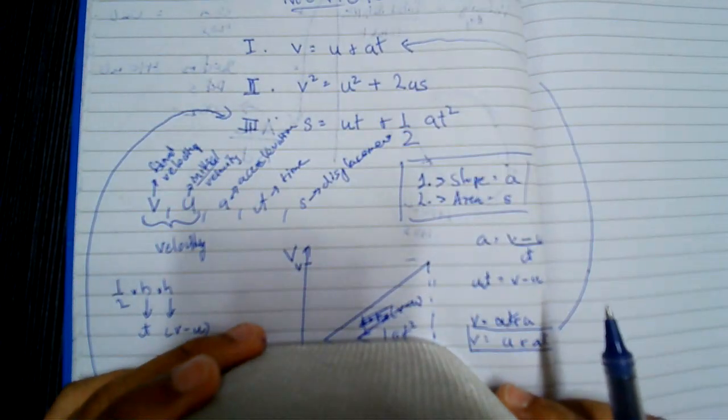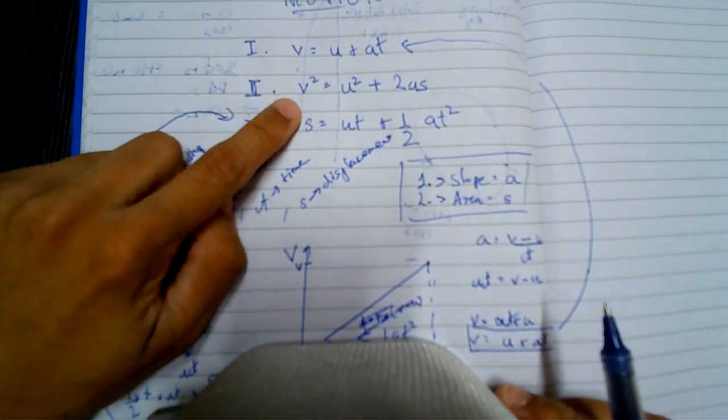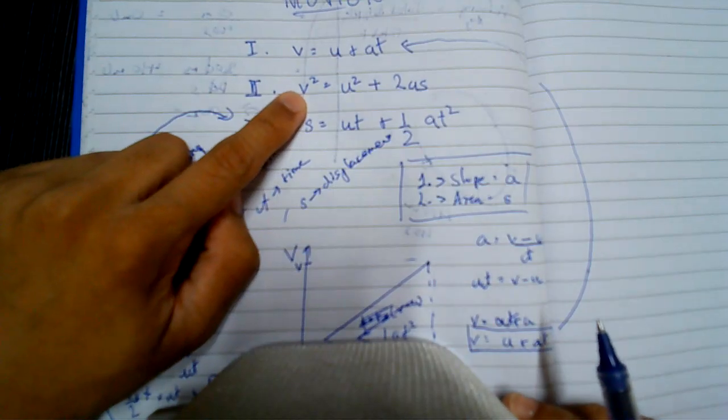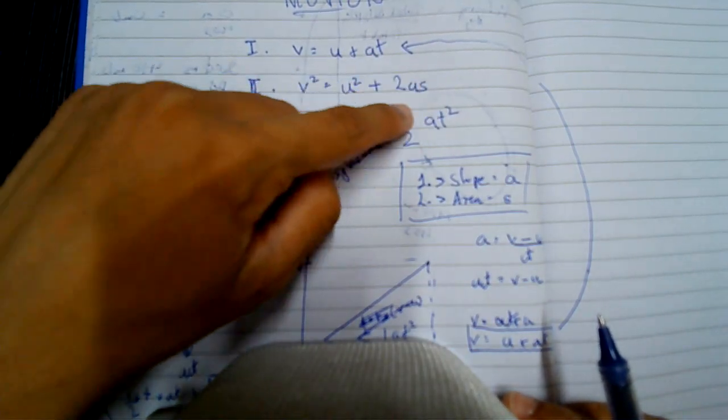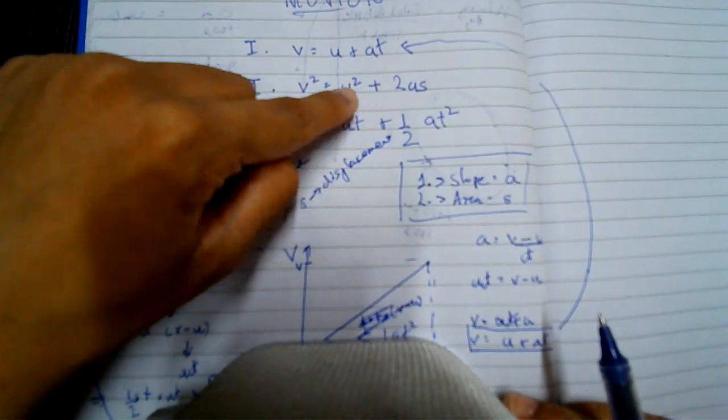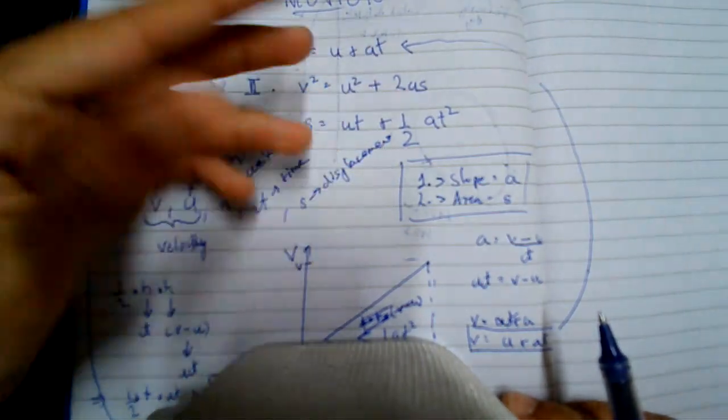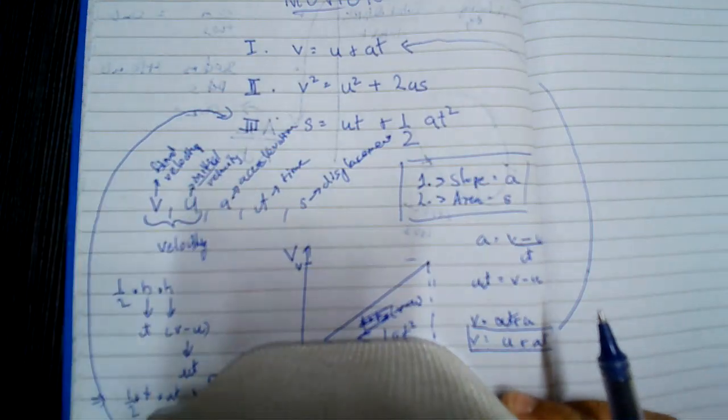What about that one? Do you notice how there's no t in this? There's everything but t. So that means t must have been plugged into some equation and the t's got cancelled out.